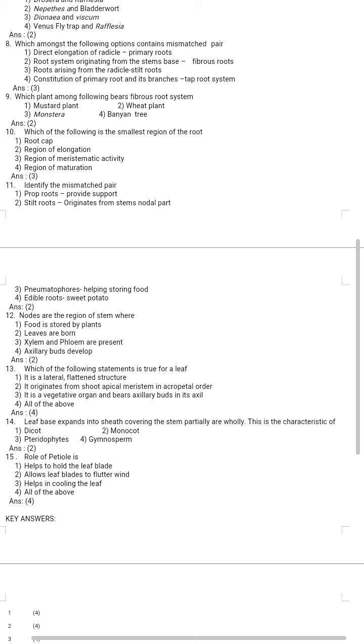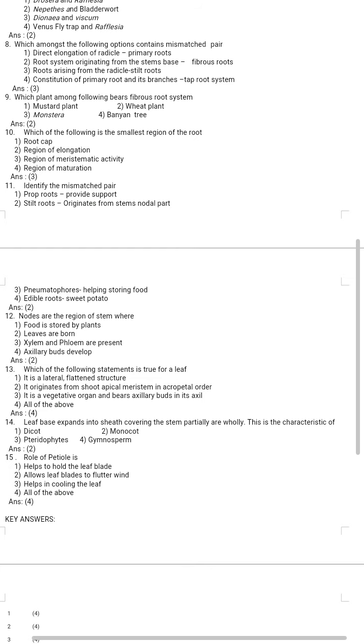Now let us move to the 14th question. Leaf base expands into a sheath covering the stem partially or wholly. This is the characteristic of. Let us see the options for this. Option 1, dicot. Option 2, monocot.